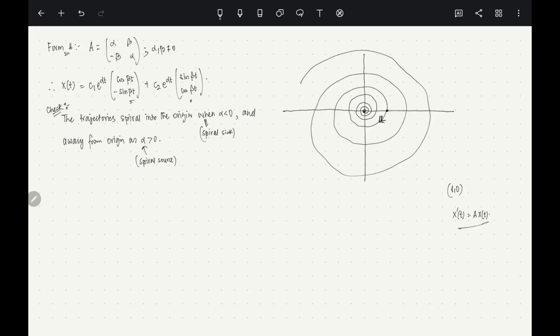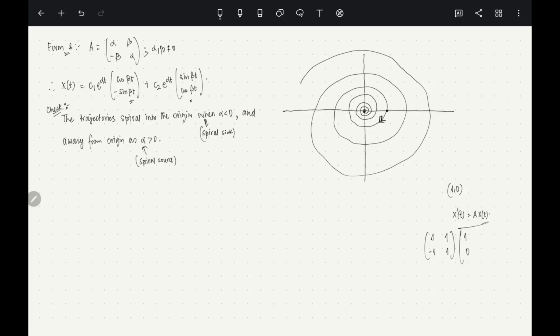Let's say that the matrix is this, with alpha equal to 1 and beta equal to 1, right? So this is one form. This is the matrix for which that is negative. Let me give you an example of how to calculate this. So that's your A. Now I want to see what this matrix does to the point (1, 0).